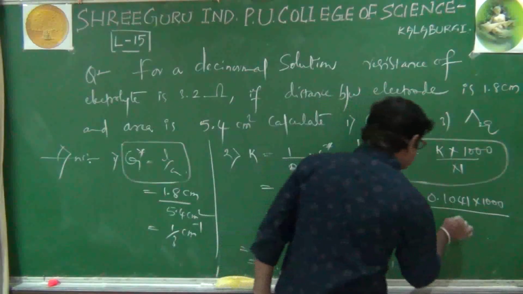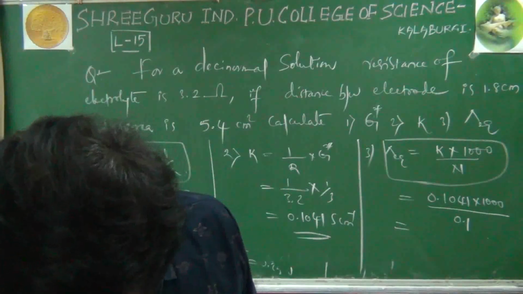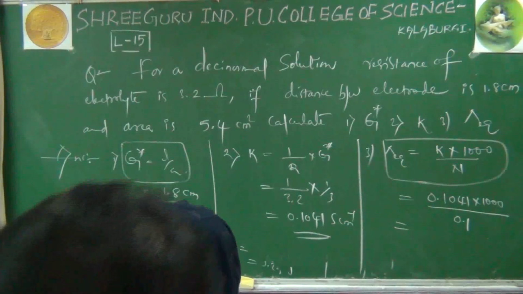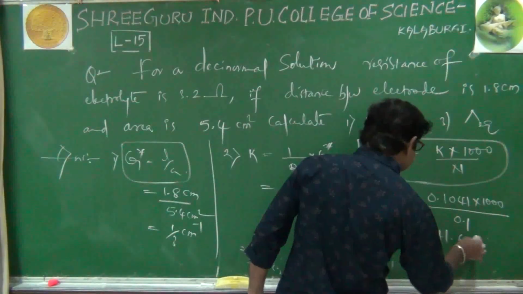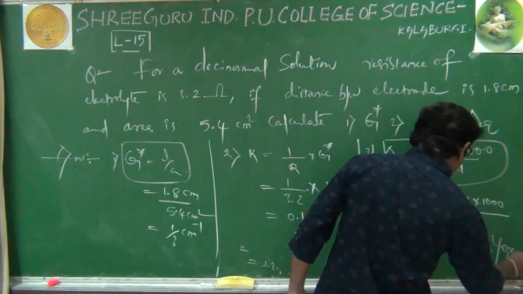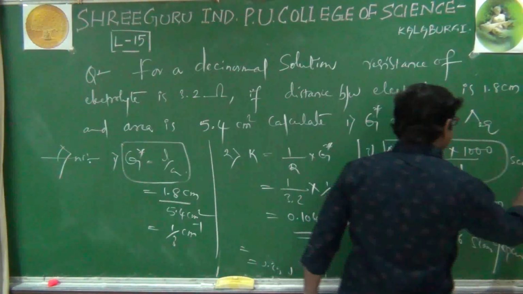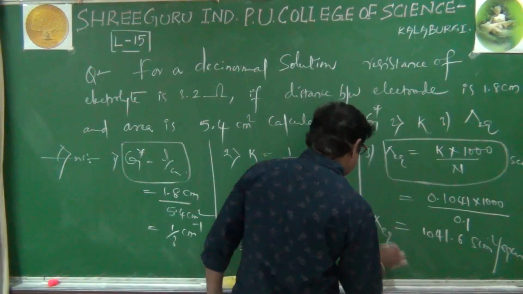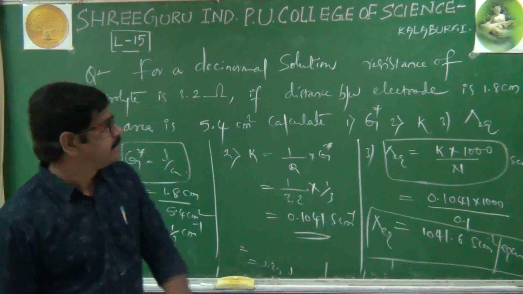If you substitute 0.1, you will get the final answer 1041.6, and its units are Siemens centimeter square per equivalent. It is equivalent conductivity.